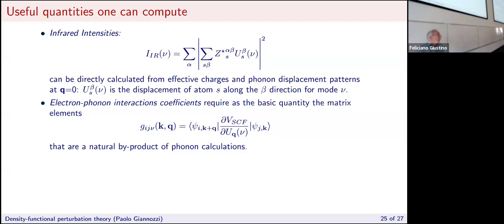So you can compute directly infrared intensities for zero wave vector phonons. They are related to the polarization induced by a phonon, so they can be computed from the phonon displacement pattern and the effective charges, Born effective charges, Z star.